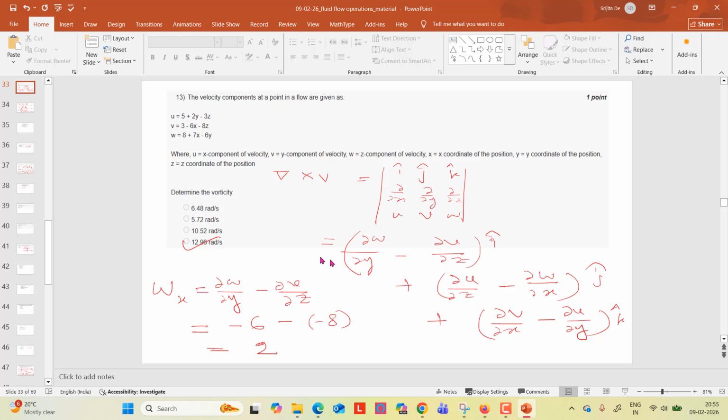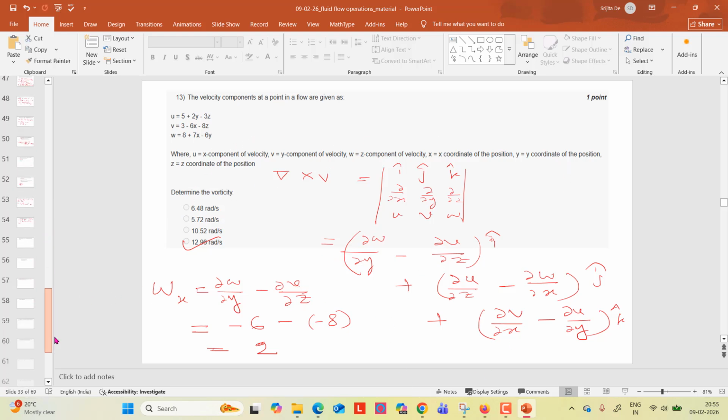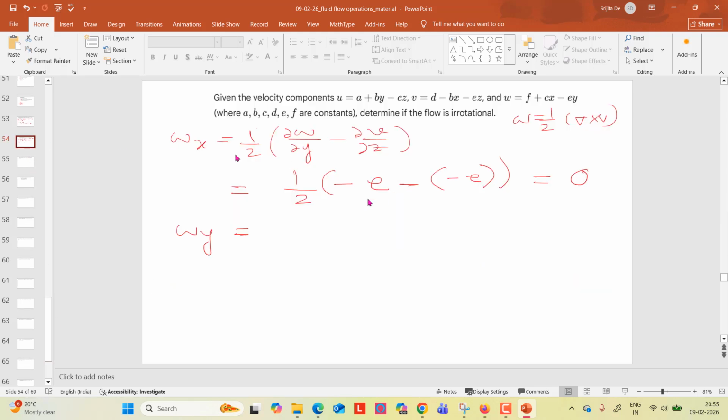We have calculated the vorticity for this because that is why we have not divided by 2. But here we are calculating the angular velocity, right? So the angular velocity relation is this. So angular velocity is omega equals half of this, right?